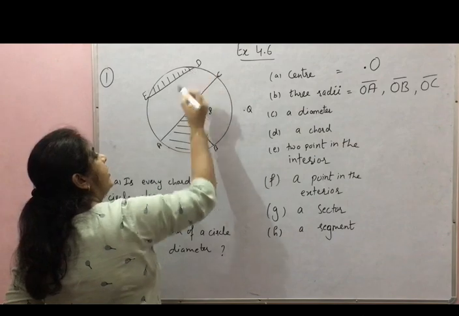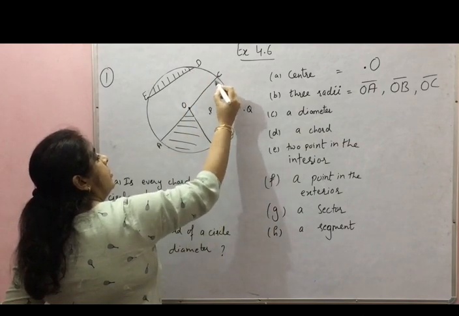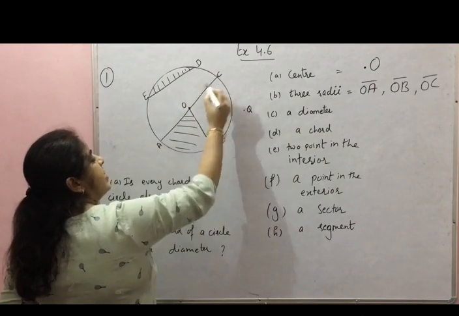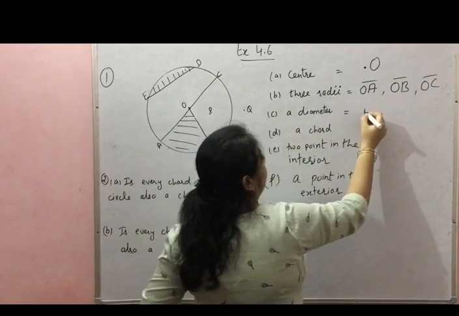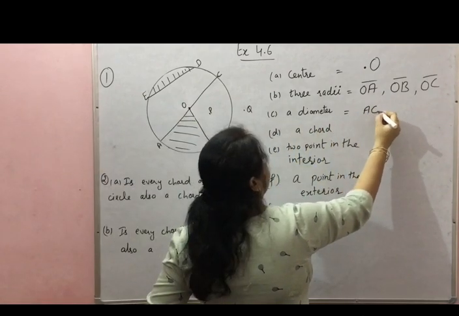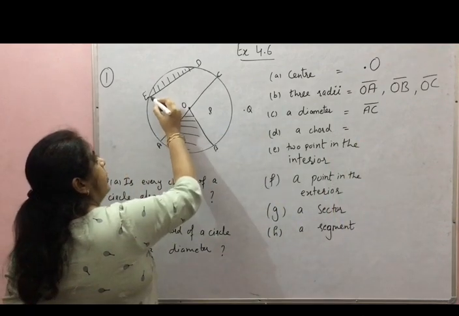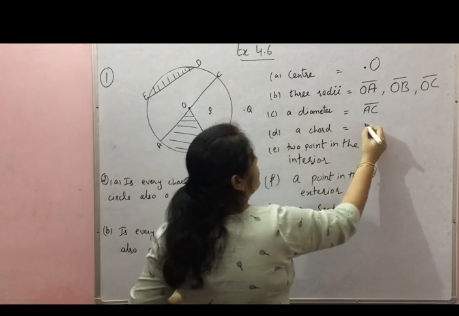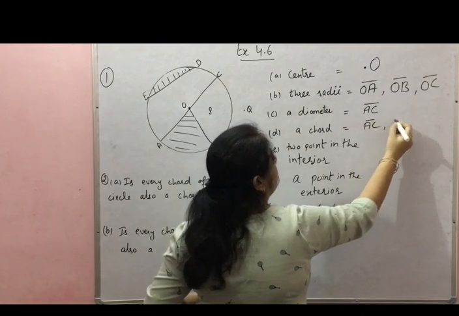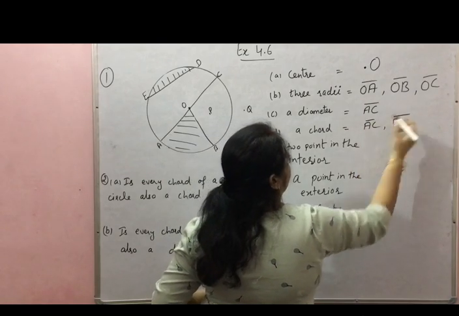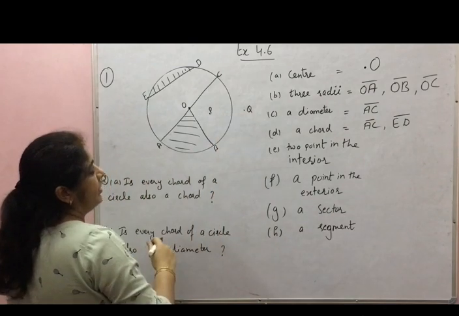ED is a chord. AC is a chord, but this chord passes through the center, so this is called the diameter. So AC is your diameter. Mention a chord: ED. You can mention AC as well. AC is a chord, ED is also a chord. You can mention any one of these.